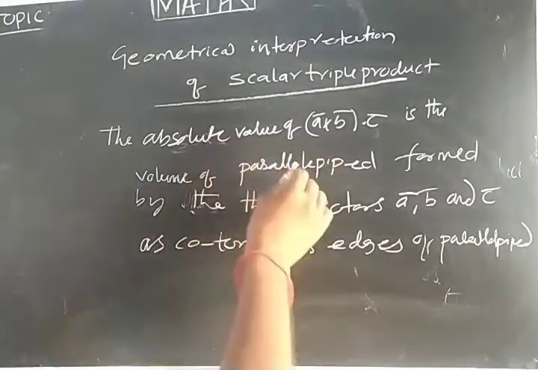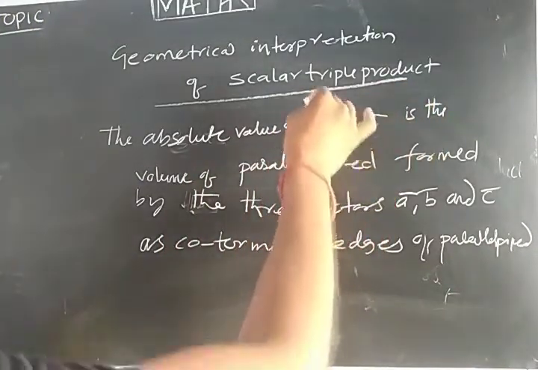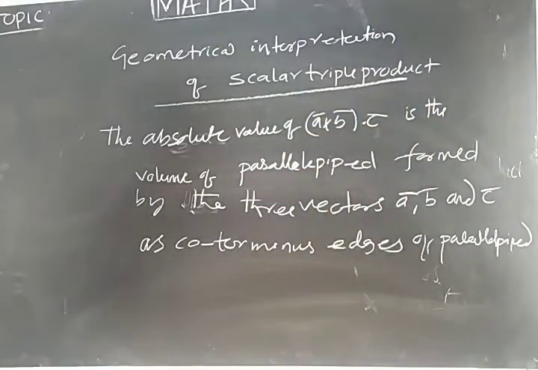So what is the absolute value? Absolute value means modulus. The modulus of this will give the volume of the parallelepiped.